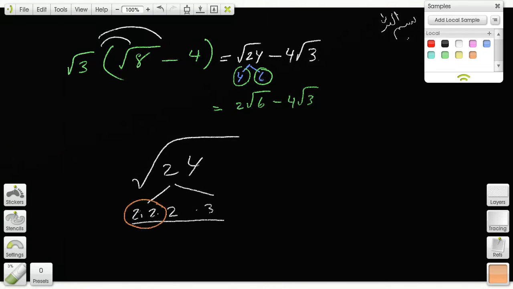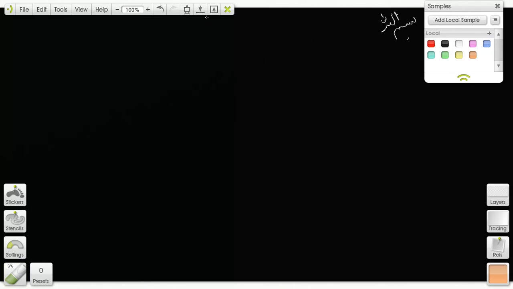So these 2 can come out as 1. So it'll be 2. There's a 2 left inside, 2 times 3. When you factor, 24 is the same thing as 2 times 2 times 2 times 3. That's what you do when you factor. It would be 2 square root of 6, the same as this. Okay? Now, watch.